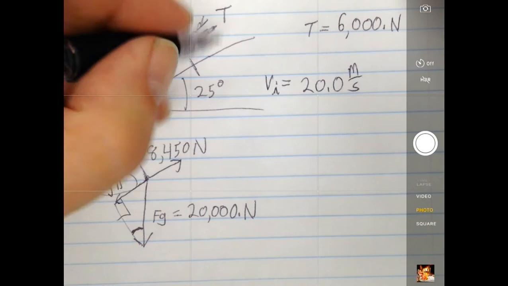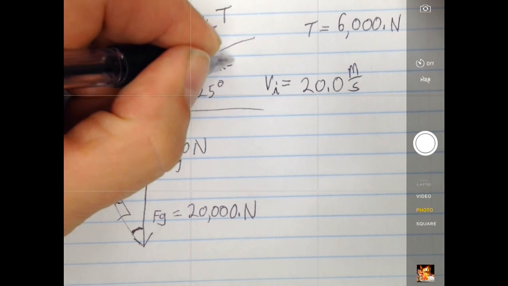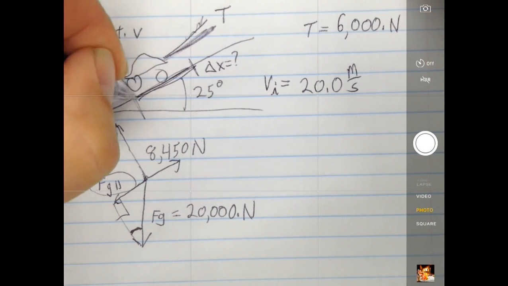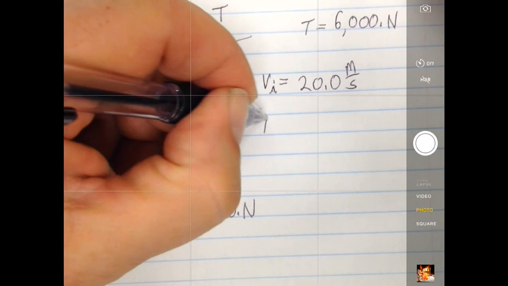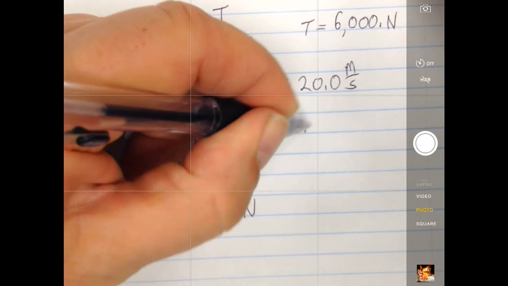Okay, what is the distance delta x along the length of the hill that the car will coast to a stop? And you say, oh, well, I need to know the acceleration of the car. For the acceleration, it's Newton's second law, F equals ma.